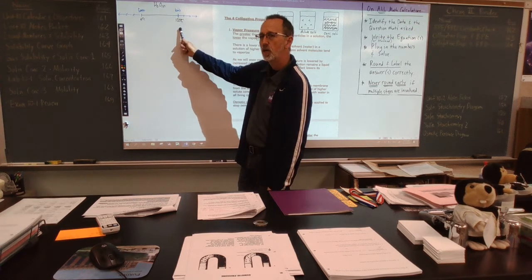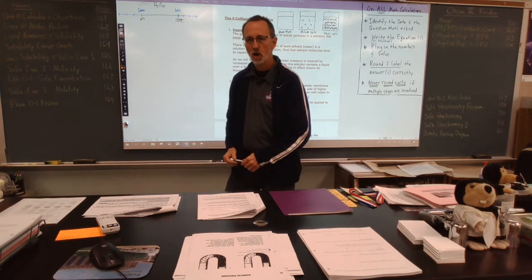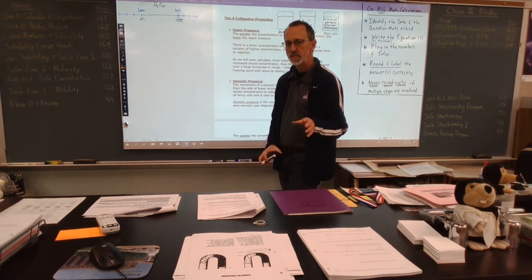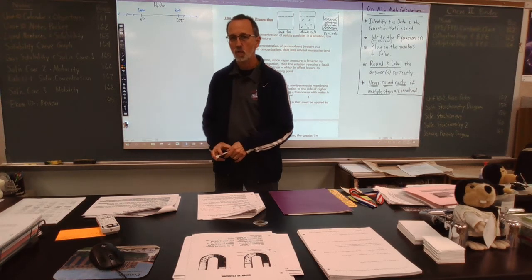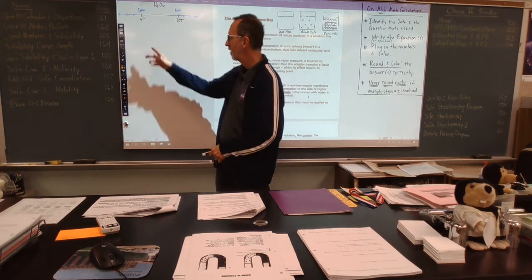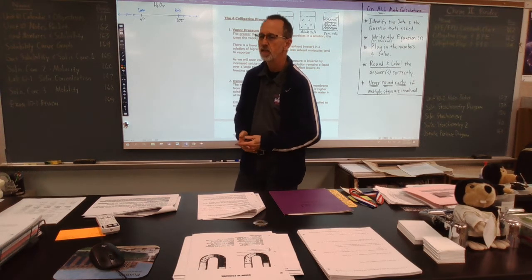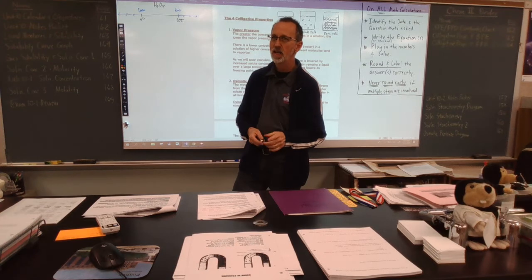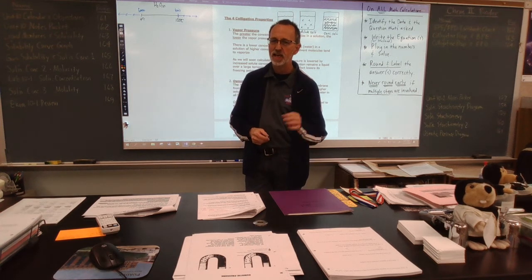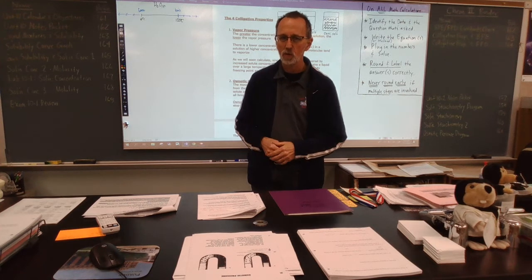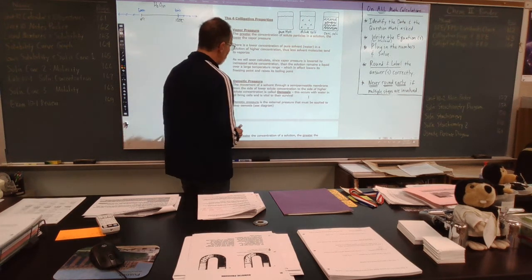The boiling point goes higher and the freezing point goes lower. So a solution that contains water as a solvent boils at a higher temperature than water normally does, and it freezes at a temperature lower than what it normally does. That is very good to know, and we utilize that in a lot of things in the real world. We'll talk about some of those in the next couple of days.